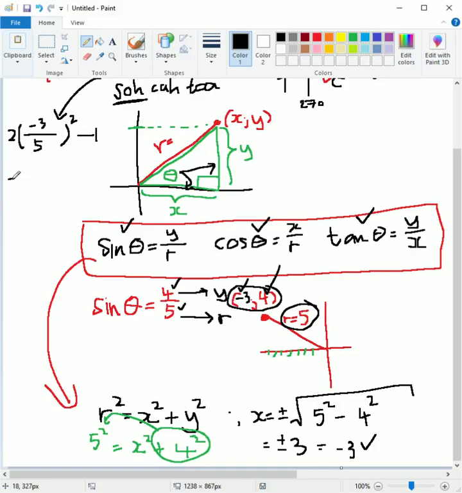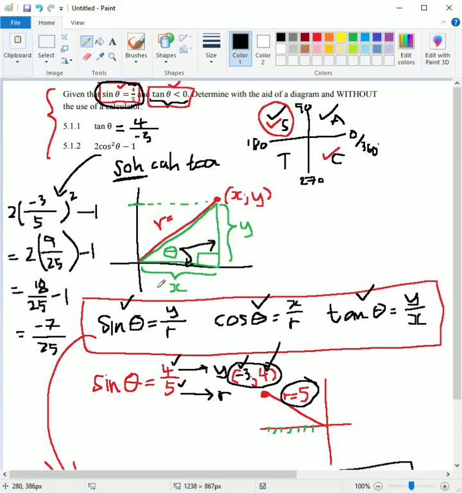All of this we can put into our calculator. So 2, 3 squared is 9, and 5 squared is 25, and we have to subtract 1. So 9 times 2 is 18 divided by 25 minus the 1. That goes into the calculator, and the calculator says negative 7 over 25. Alright, so that's how we deal with this question.